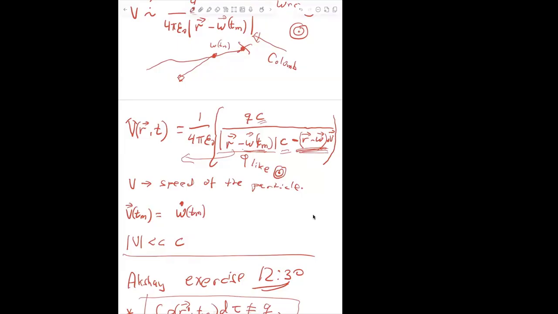There is all the rich term, and especially when V is large, not compared to C, of course, you cannot be C, but of order C, then this term is super important, and the relativistic potential is going to be totally different than the Coulomb potential. You can formulate it as a change of the Q effective, and please go read Griffiths if you are interested. He uses some trains to explain this Q effective. It's a very nice argument.